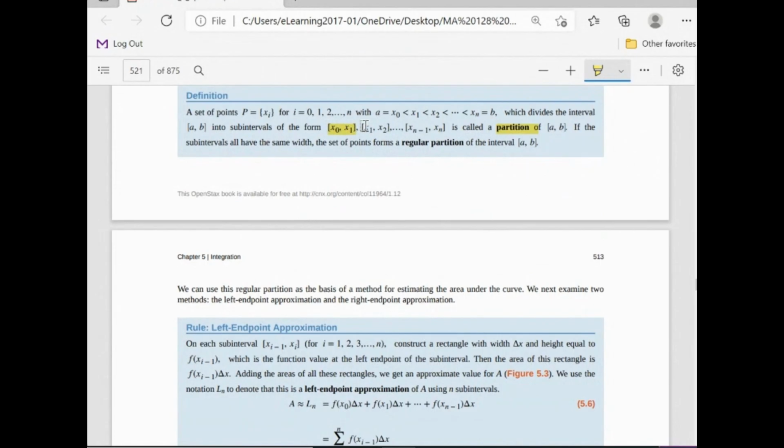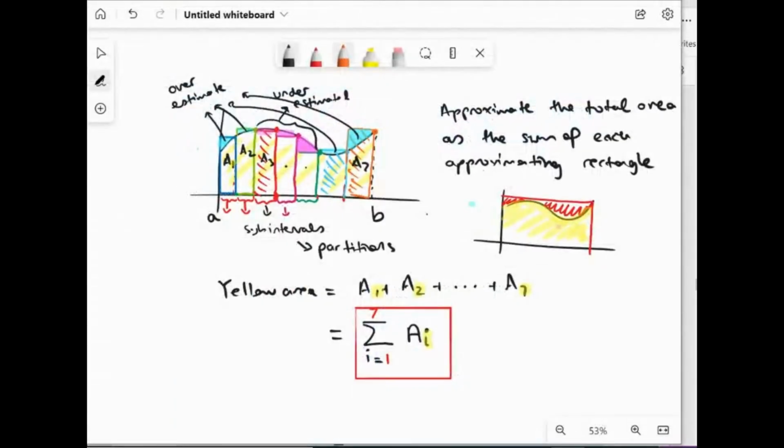You can give them the names x0, x1, x2. So for the first subinterval, let's call these points x0, x1, x2. Those just mark where we divide our intervals, where we make our partitions.